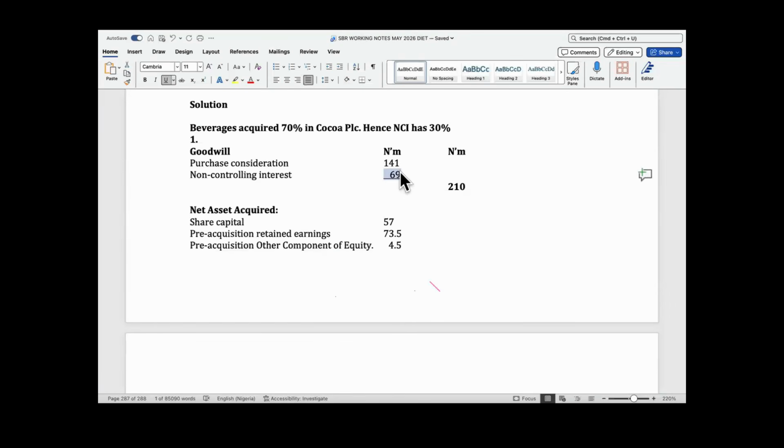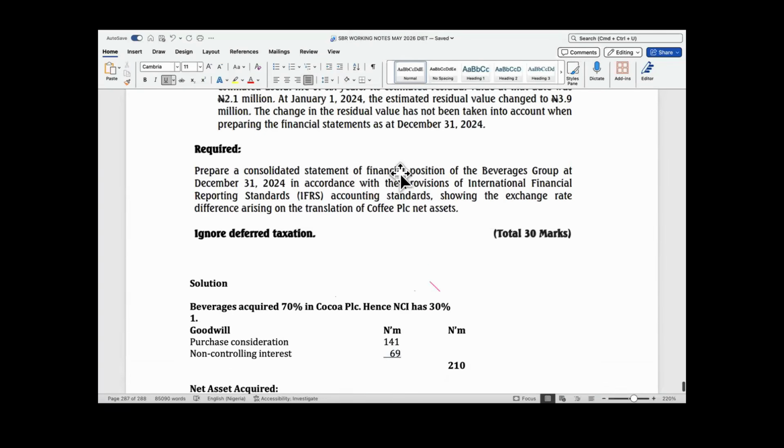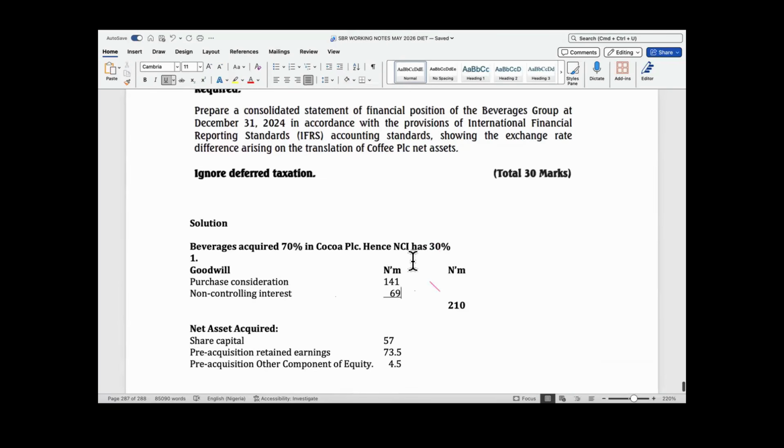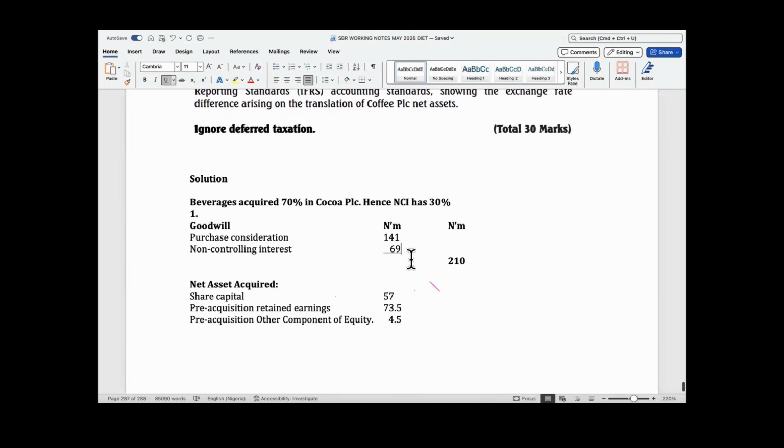Because, number one, I bought that additional 10% from NCI at the end of the year. And at the end of the year, NCI will not be 69 anymore. Why? Because NCI will have taken a share of retained earnings of Cocoa and also a share of other reserves.